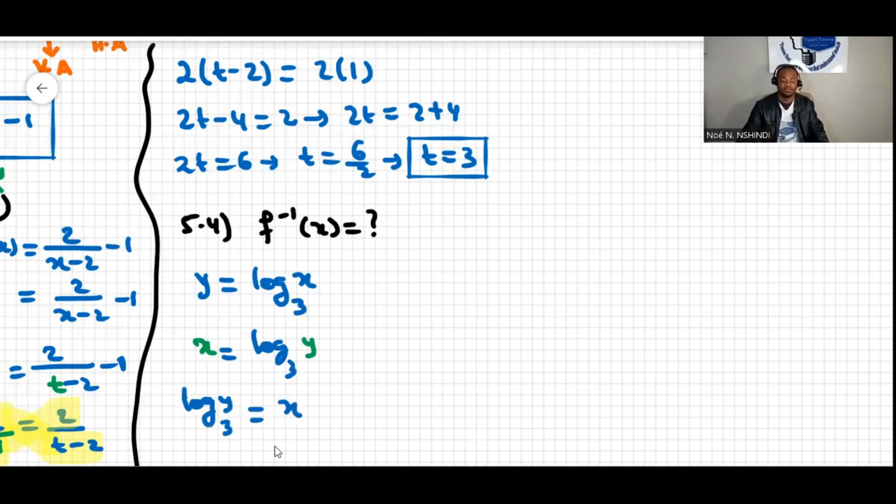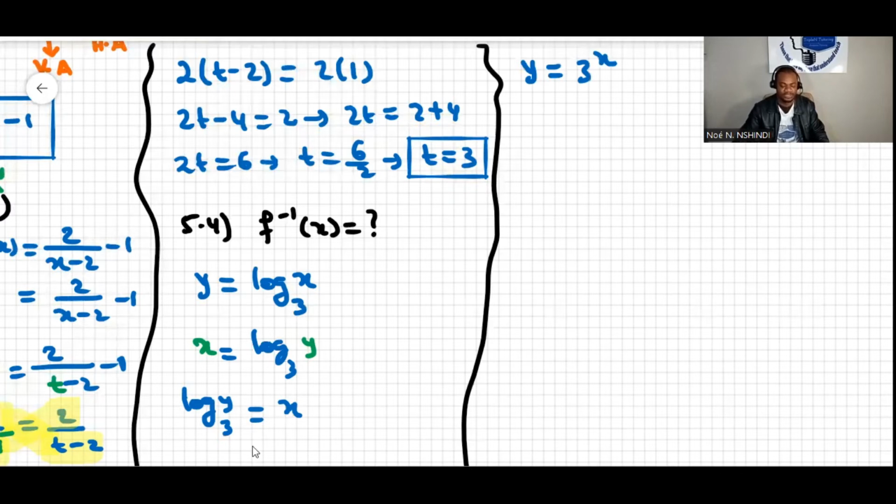Now, applying the log properties, this will become y equal to 3 to the power of x, because the property says if log of a base b equals x, this means a equals b to the power of x.